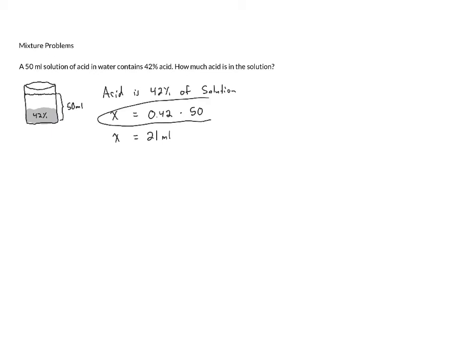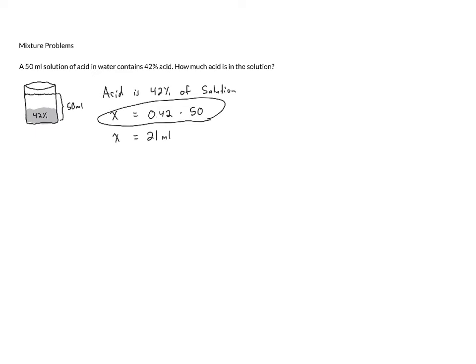But I want to point out this relationship here. This is really important. To figure out how much of the acid there was, how much of the ingredient there is, we need to multiply the concentration times the amount of the solution.